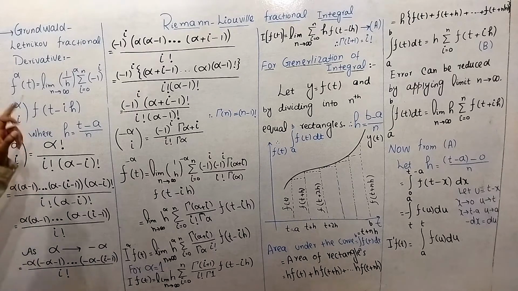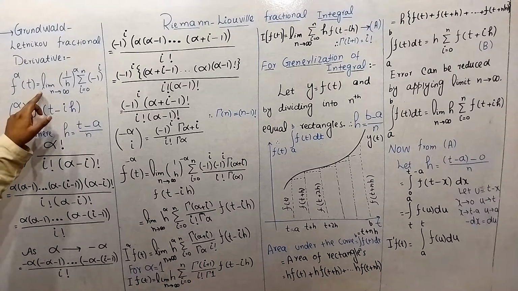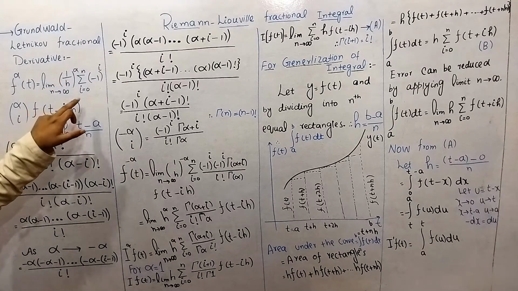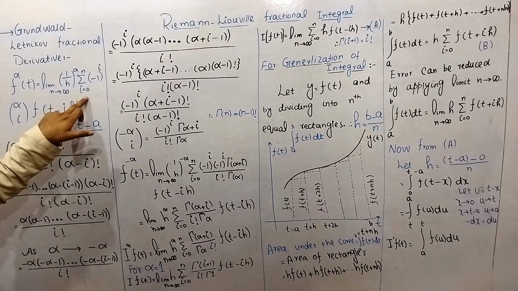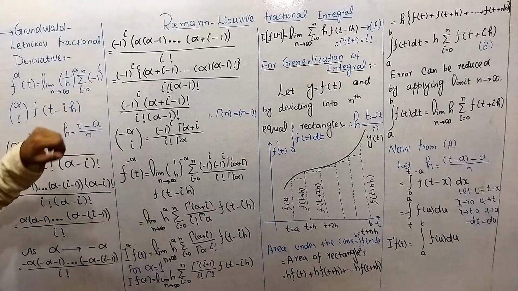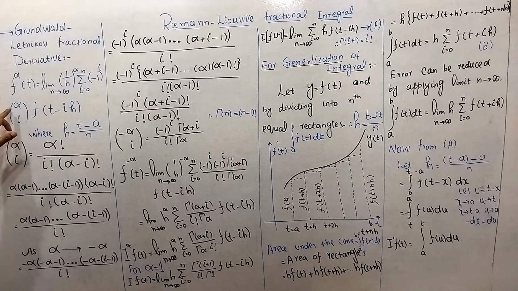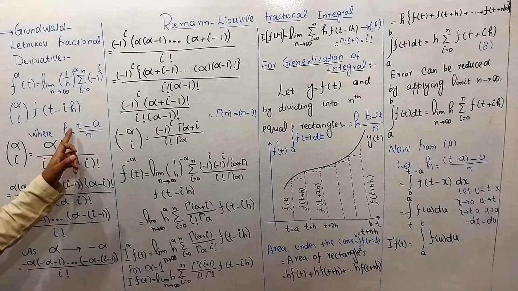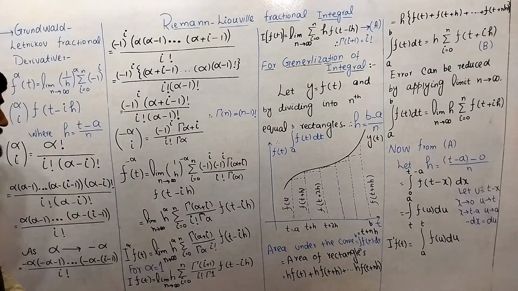The formula of the Grünwald fractional derivative is the limit as n tends to infinity of 1 over h raised to the power alpha, summation i from 0 to n minus 1, minus 1 raised to the power i, the combination of alpha and i, times f of t minus i h, where h is t minus a over n.